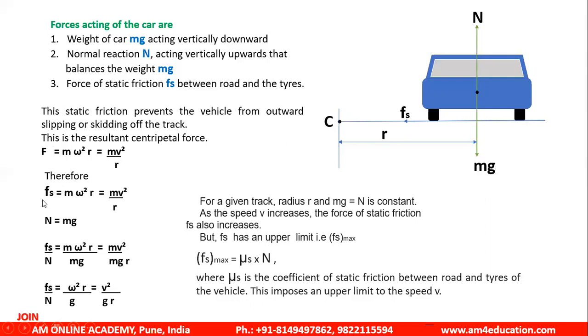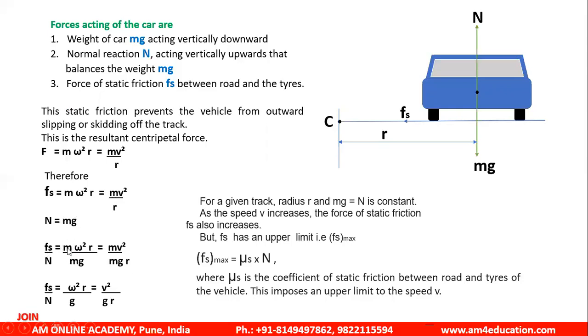Let us take the ratio of Fs and N. If you take the ratio of Fs by N, we get m omega square r upon N, and mv square upon r upon N, but N equals mg.